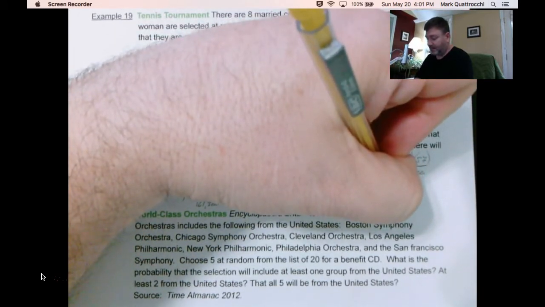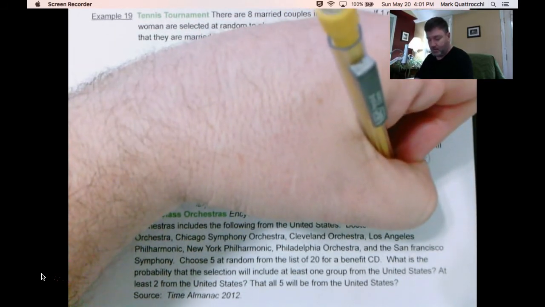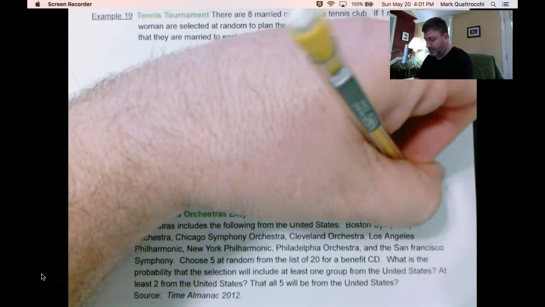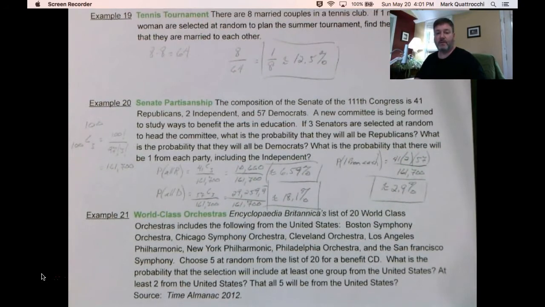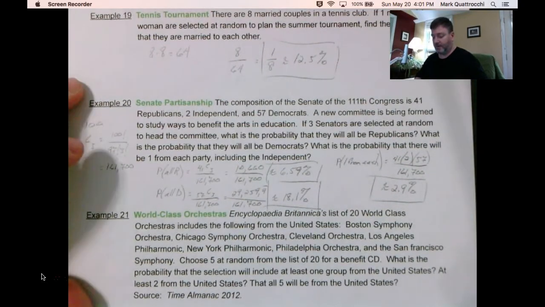And when we divide this out, we get approximately 2.9% chance that one is taken from each of the 3 parties.